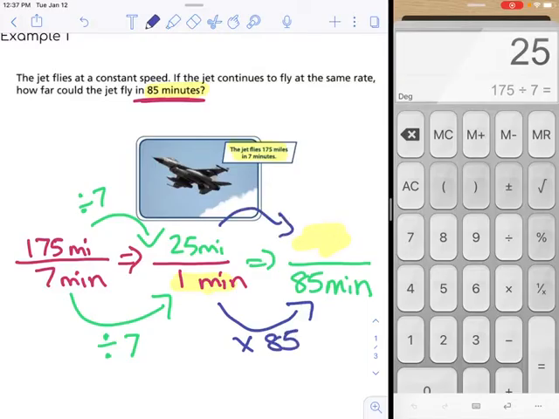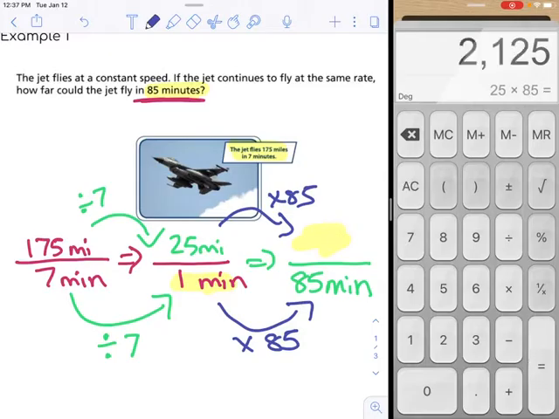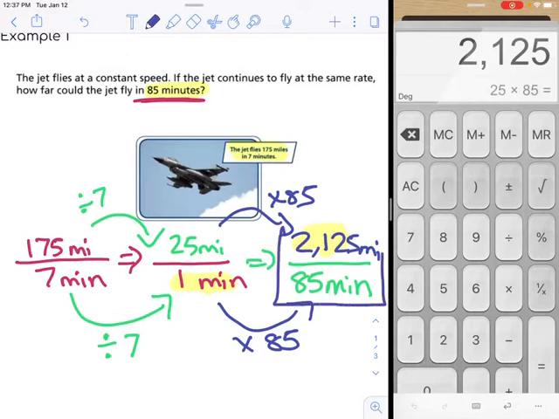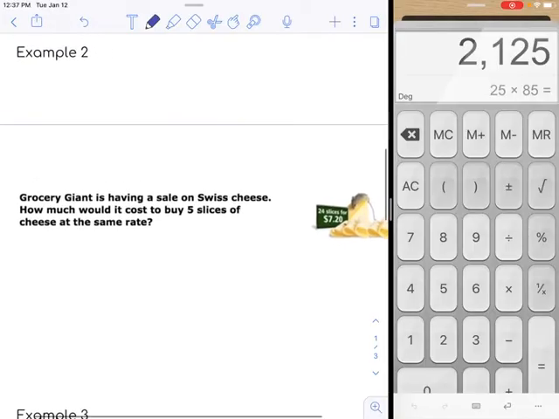Whatever you do to the bottom, you have to do to the top. So I'm going to do 25 times 85. That's going to get me 2,125 miles. So if the plane is traveling 85 minutes, it is traveling 2,125 miles.